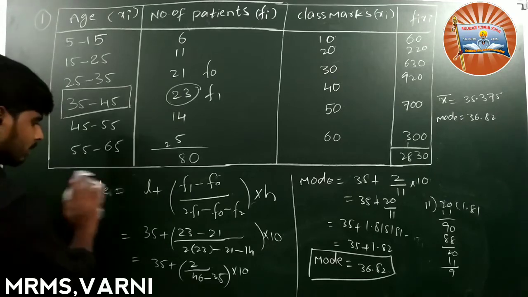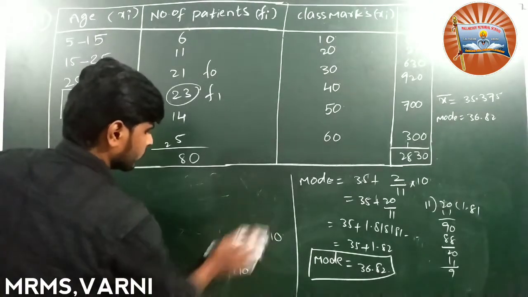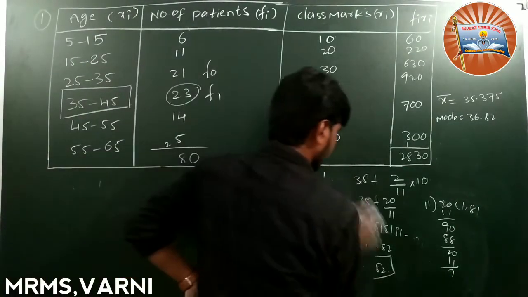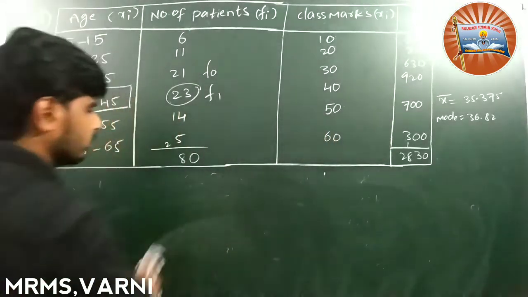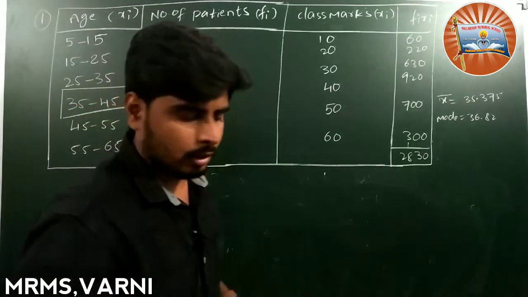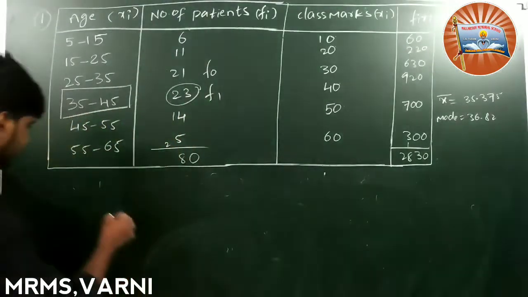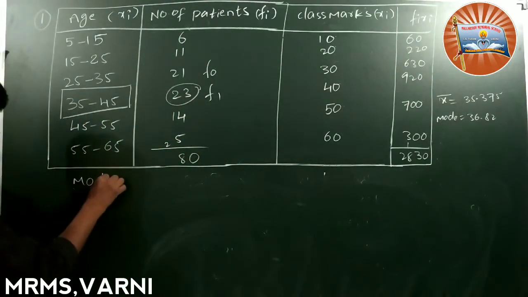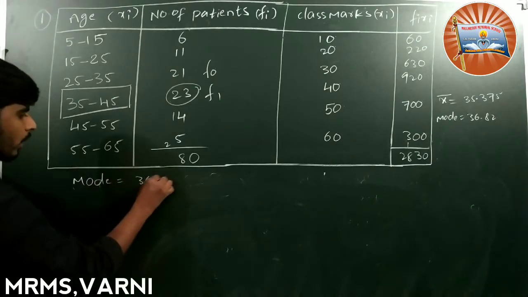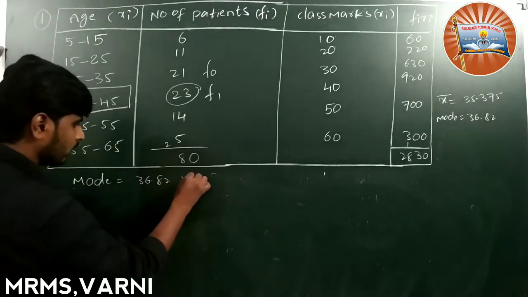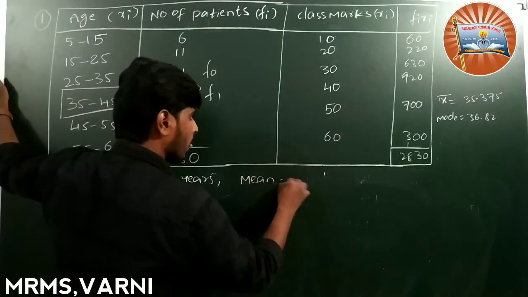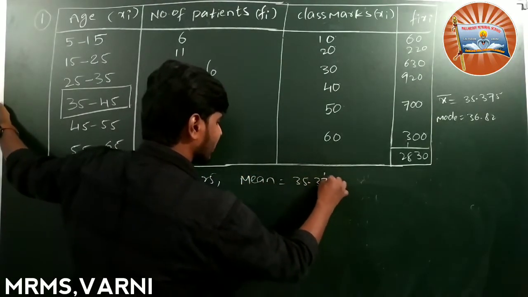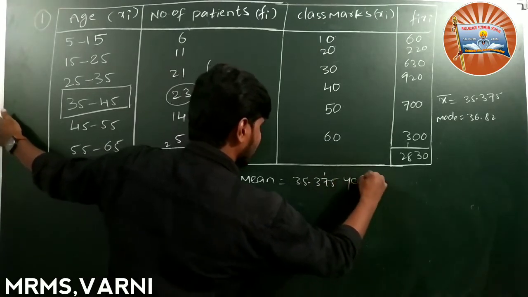Okay, I am going to erase this. So what can we say now here? So mode is 36.82 years and mean is 35.375 years. Okay.